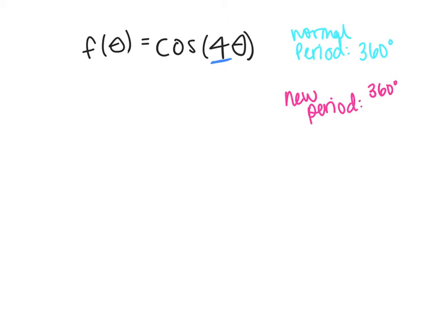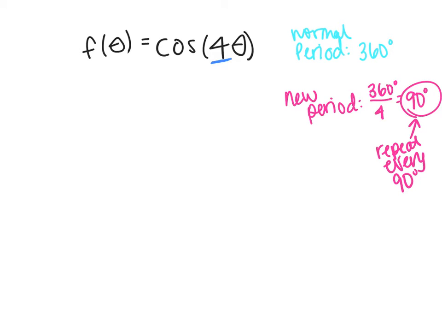You take 360 degrees, divide by whatever number is in front of that theta. So in this case, we're going to do 360 divided by 4. The new period of this graph, that means, is 90 degrees. So what that means is it's going to repeat every 90 degrees. So it's going to repeat more often.